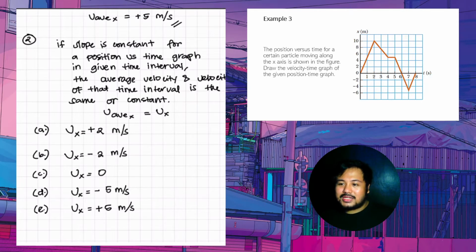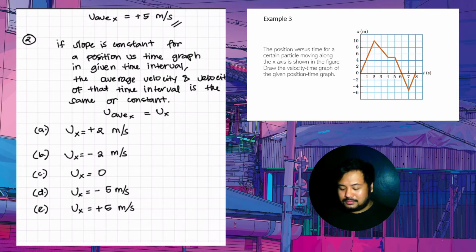So you have to translate this position time graph going now to a velocity versus time graph. So for you to answer this one, you have your vertical axis now in terms of velocity and your horizontal axis in terms of time. So your vertical axis is in meters per second and your horizontal axis should be in seconds.